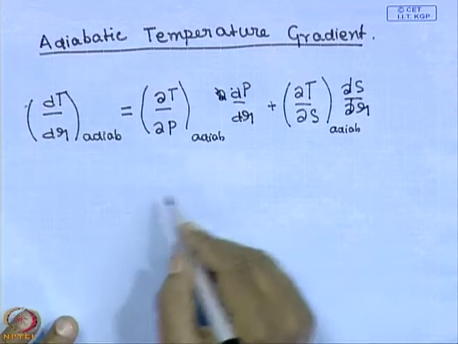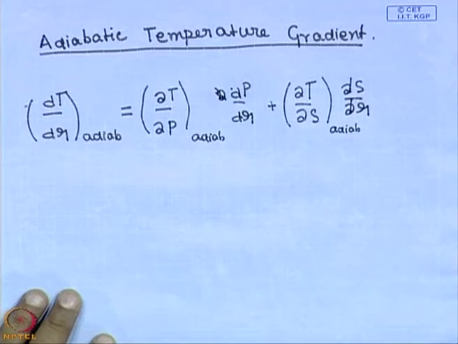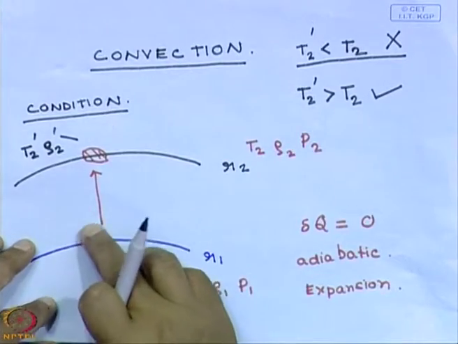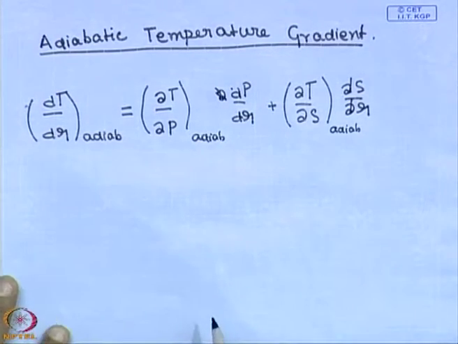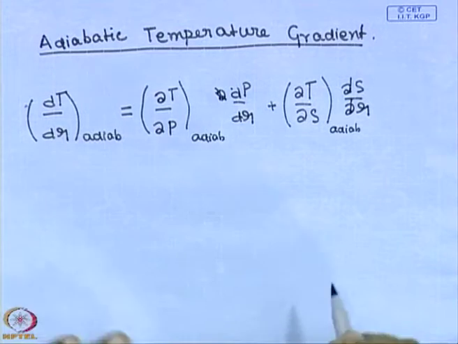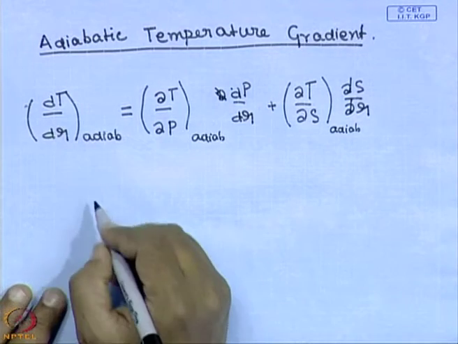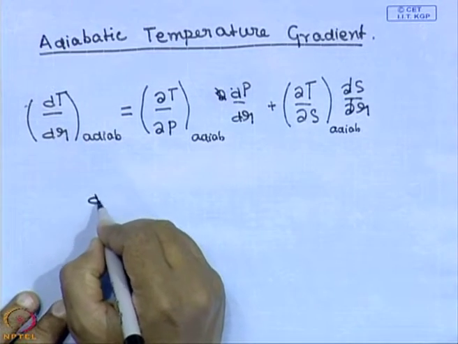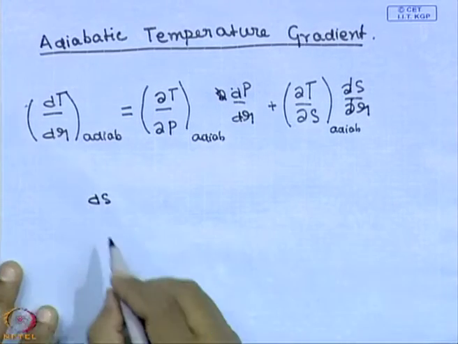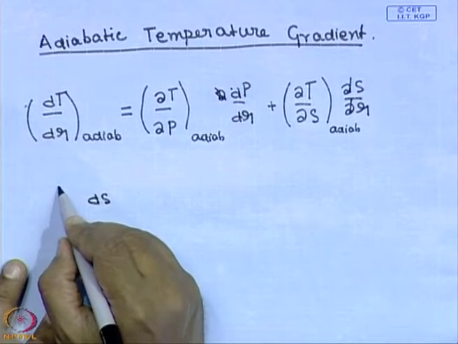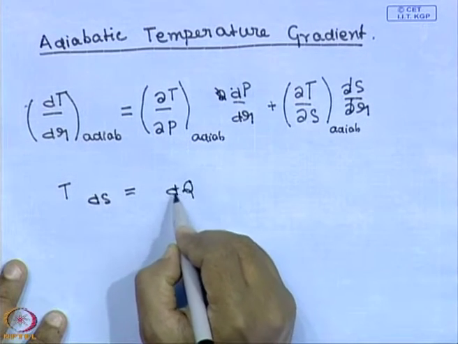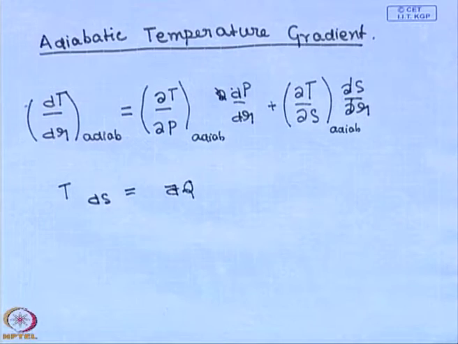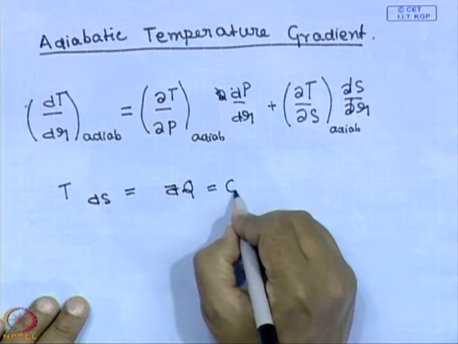Now, if you have adiabatic expansion of this volume of gas, then the heat exchange is 0, and we know that the entropy change dS into T, the temperature, gives us the heat exchanged, and this is 0 in an adiabatic process.